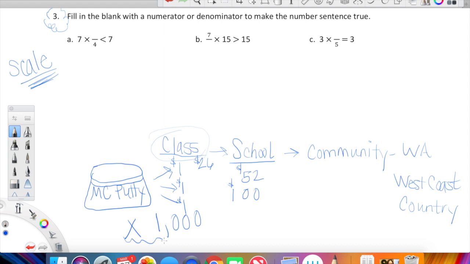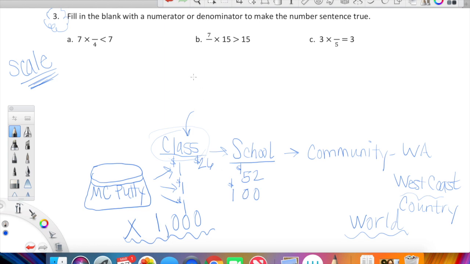So when you hear about scaling a company, it means getting your company ready to go country wide or worldwide, because I just started in my class and that was fine. But as I got more and more customers, I need to scale my company, meaning I have to multiply my production by something, depending on how many customers I have, maybe by 1,000 or maybe by 1 million, so that I can give the people what they want, and the people want putty.